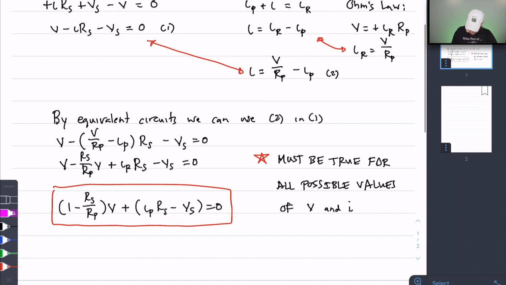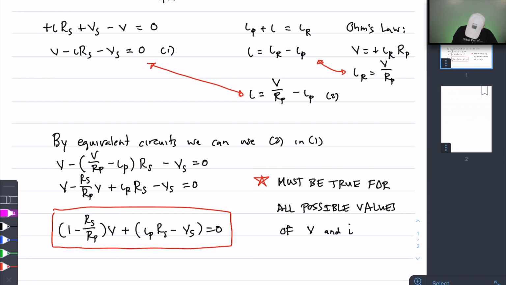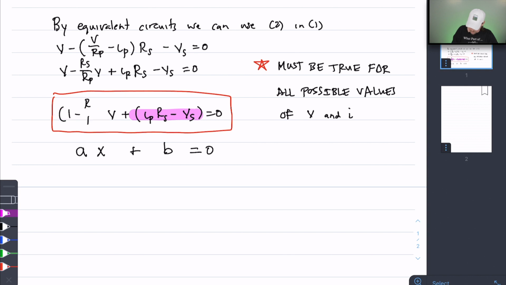Now, if V is kept as a variable, this equation is constant times variable plus constant, and that is equal to 0. So this has the mathematical form of constant times variable plus constant, and that's equal to 0. Now, from algebra, one of the things that we should have learned is that the solution to this has one solution, x is equal to minus b over a. But that's one single solution.